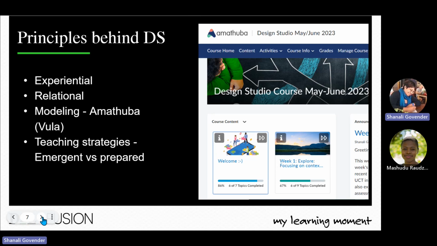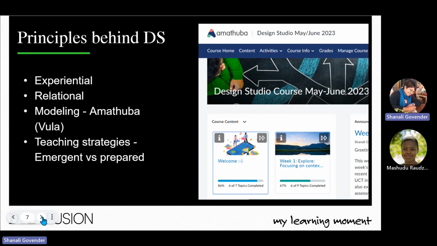In Design Studio, we sought to model practice that was appropriate to the UCT context. So in Amathuba, this has meant a slight shift from the way that it was done previously in Vula. When Design Studio started in Vula, we were in the middle of the pandemic. South Africa was in quite hard lockdowns, and our students were all learning remotely.